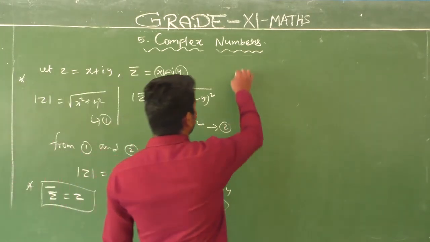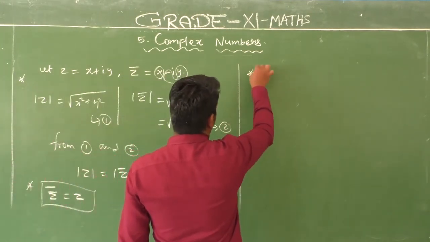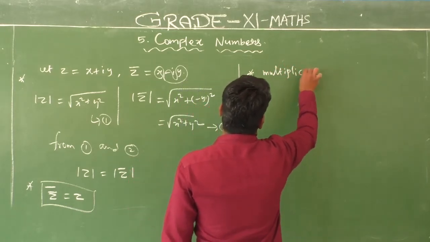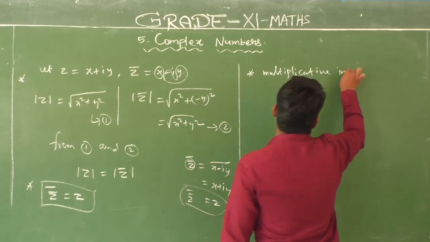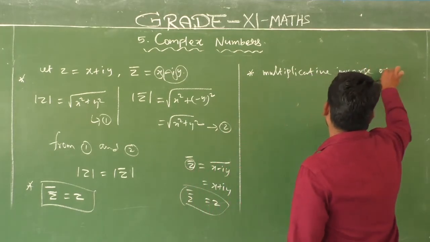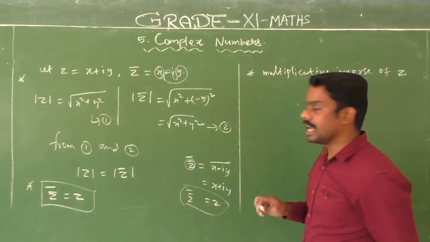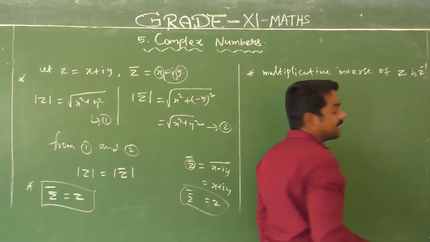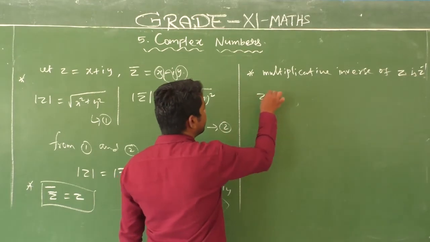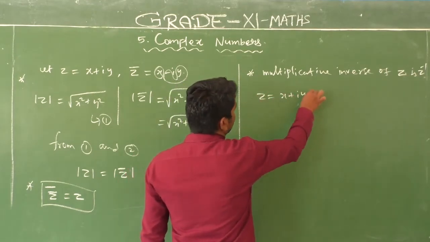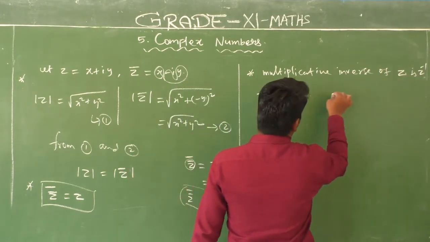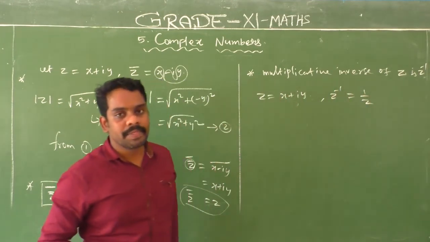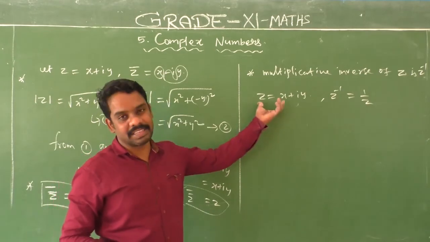And next, the multiplicative inverse of z. Here z is equal to x plus iy. Then z inverse means 1 by z, that is the reciprocal of this complex number.